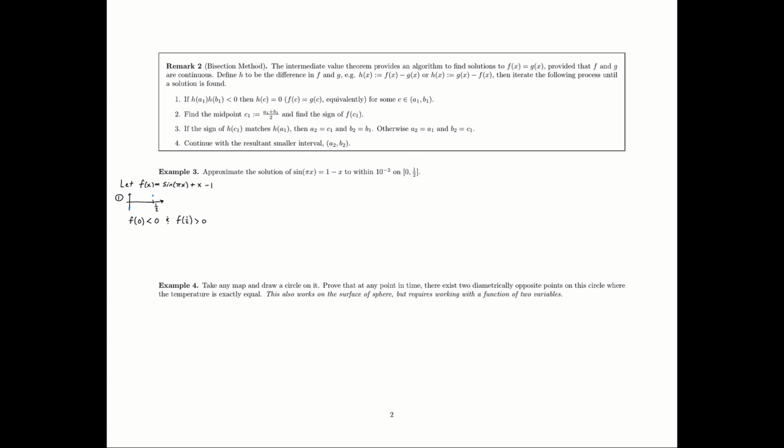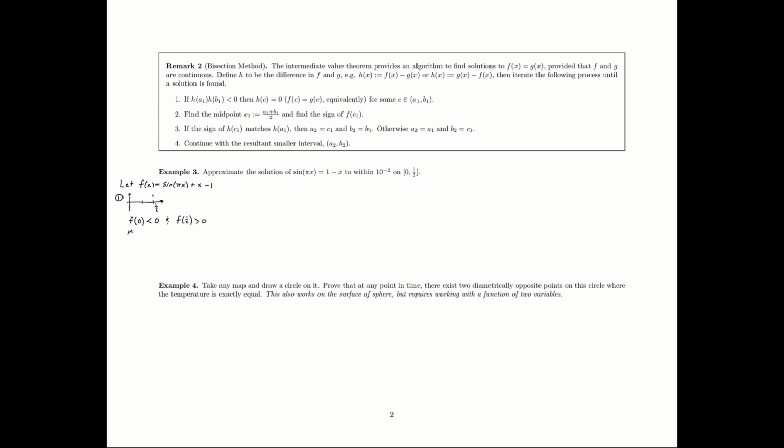Okay? So since we know there is a solution somewhere in here, we are going to try to figure out which half of the interval, the left half, 0 to 1/4, or the right half, 1/4 to 1/2, the solution lies in. And the way we would do that is we would just find the midpoint.